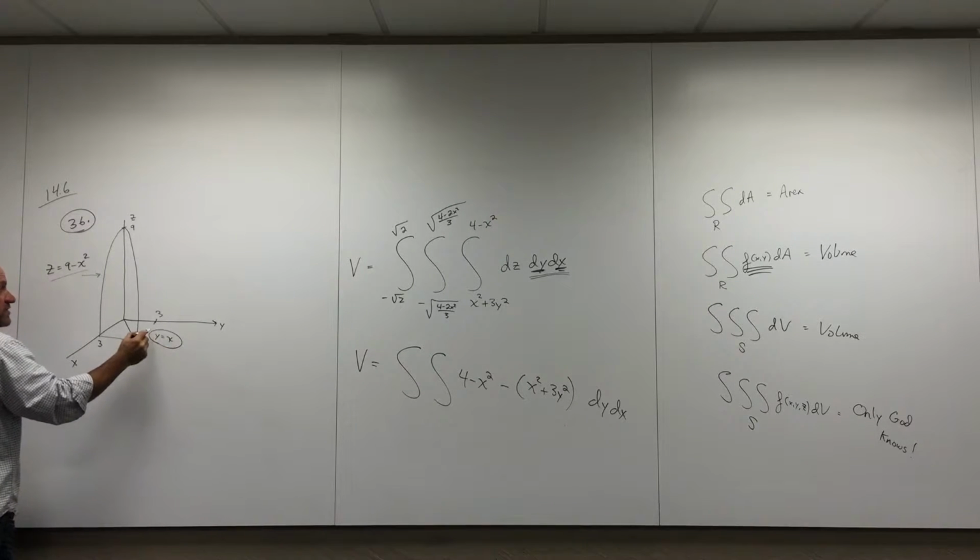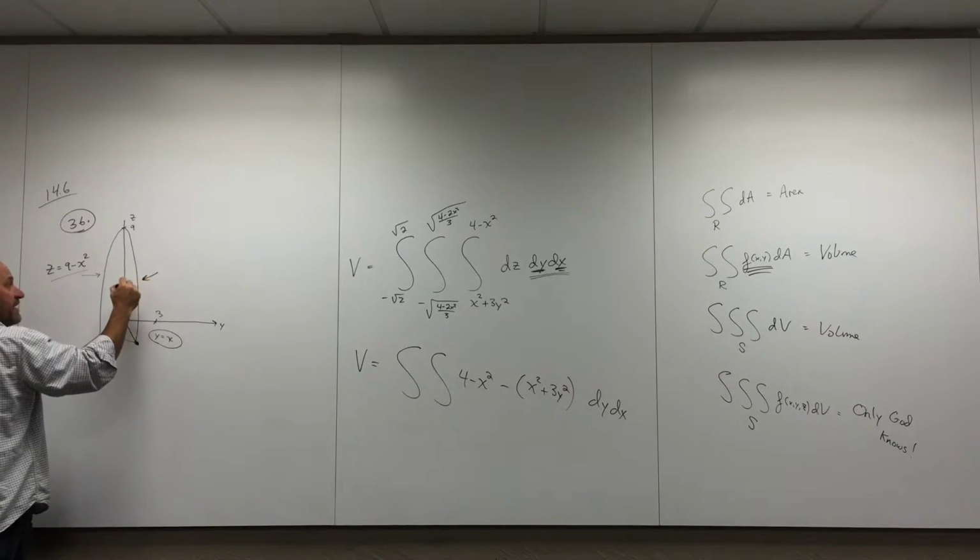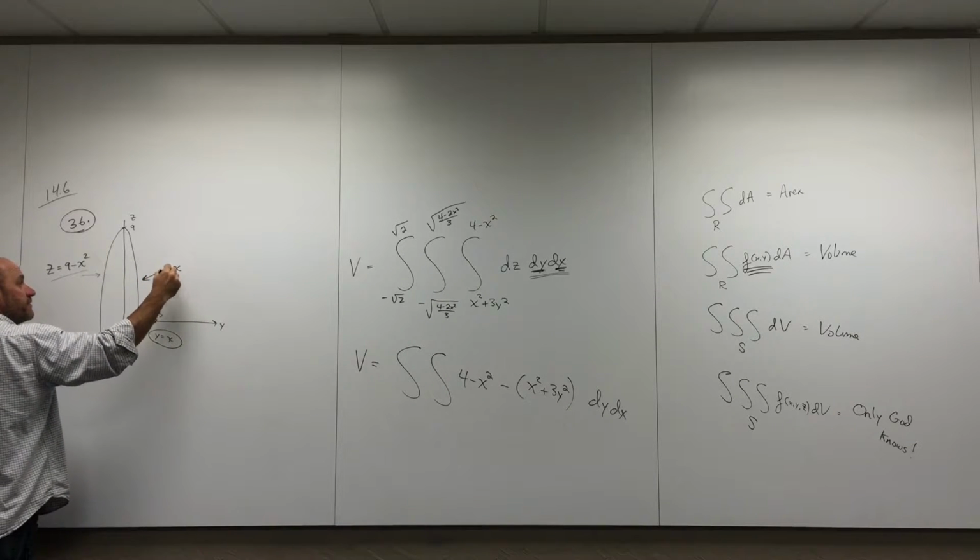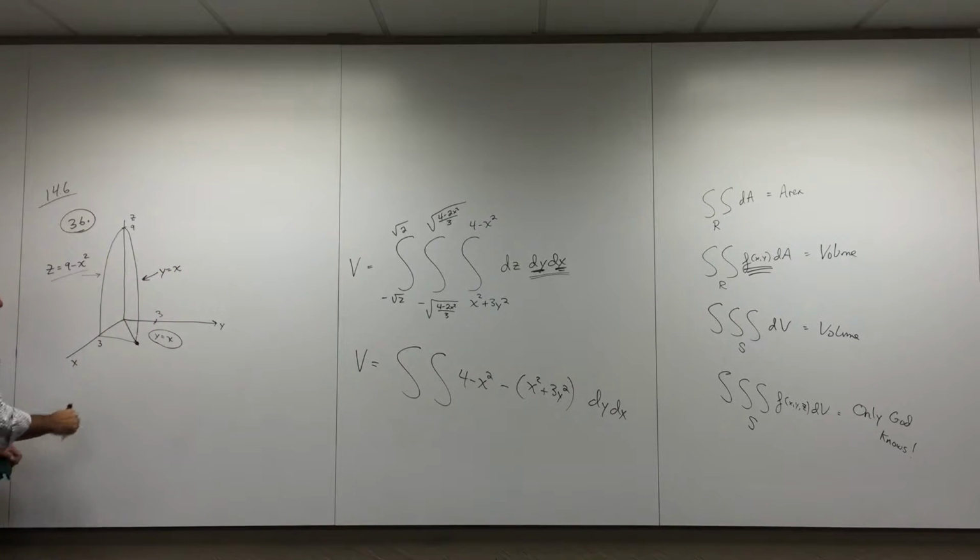So this plane here is y equals x. That's a funny shape. It's got this curved parabolic front, or top here, over this triangular region.